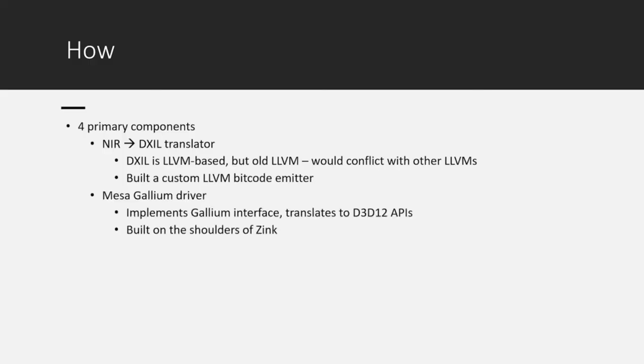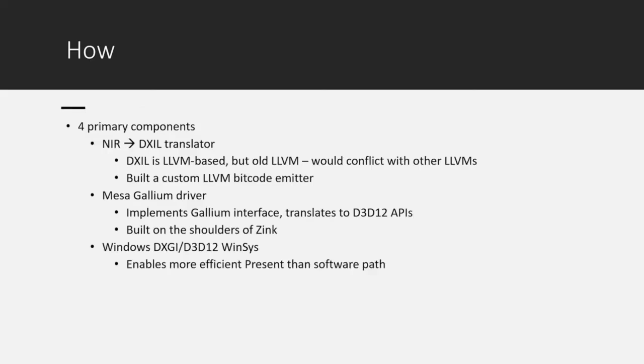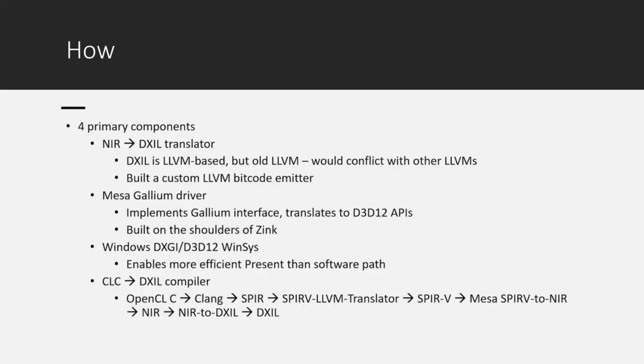We built a Mesa Gallium driver, which is our D3D12 OpenGL driver. It implements the Gallium pipe interface and translates it to D3D12 API calls. And it's basically exactly the same thing that Zink is doing for Vulkan. We built a D3D DXGI Windows WinSys, which enables us to use DXGI swap chains for present, which significantly improves efficiency and performance.